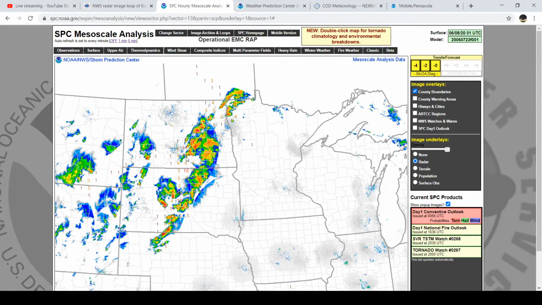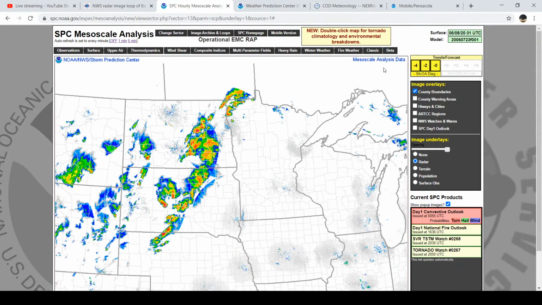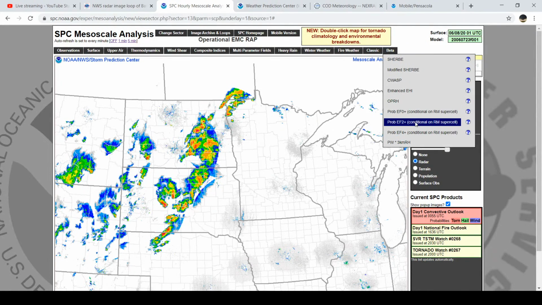I mean, EF2 is 11 to that area. So nothing above an EF2.